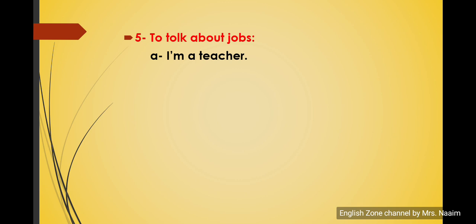I'm a teacher. أنا أستاذة أو أنا أستاذ على حسب المتكلم. والآن لنمر إلى the second example. المثال الثاني. He is a doctor. هو دكتور. Okay. أو هو طبيب. Okay. هو طبيب.